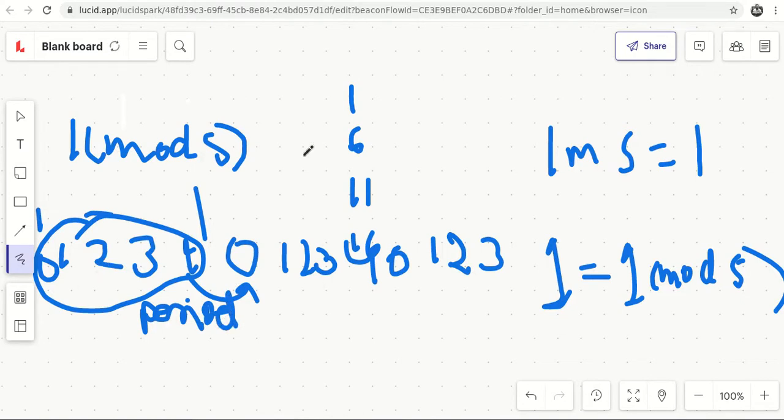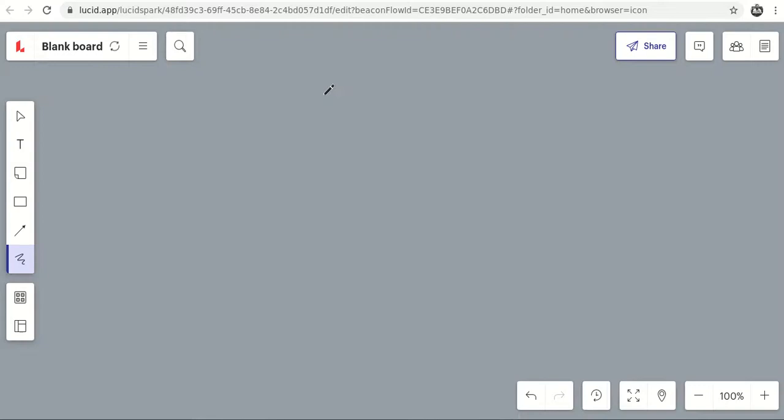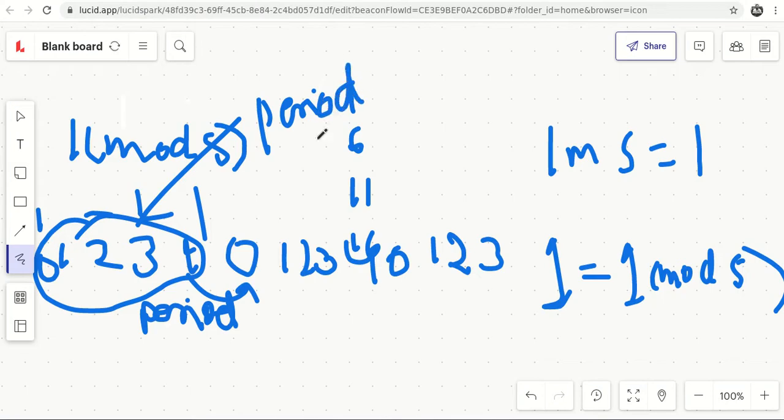Now what is Shor's algorithm going to do? We are actually trying to find this period. So what Shor's algorithm is doing is finding this period. Why is this period to be found?